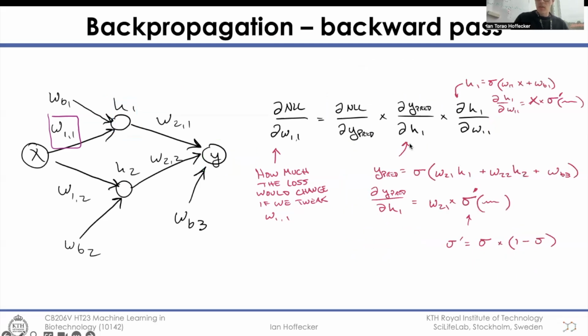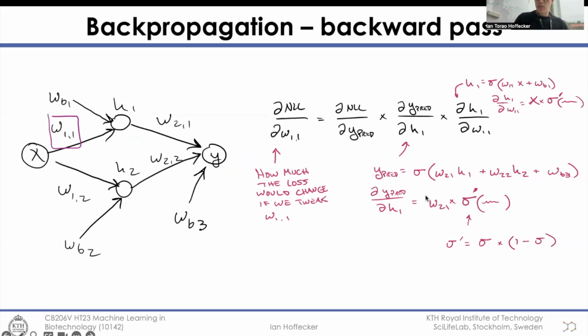And then we can also know these intermediate derivatives as well. So we want to know, say, the change in predicted y with respect to h1. We have an expression for y predicted here that's in terms of h1 and h2.